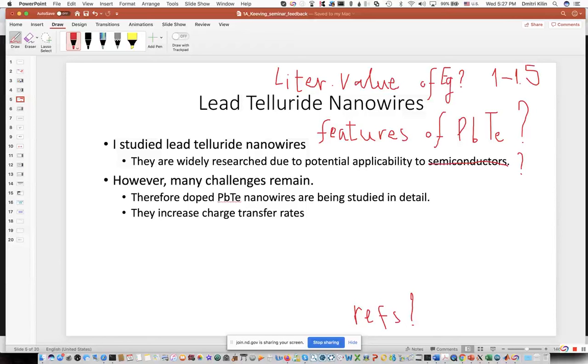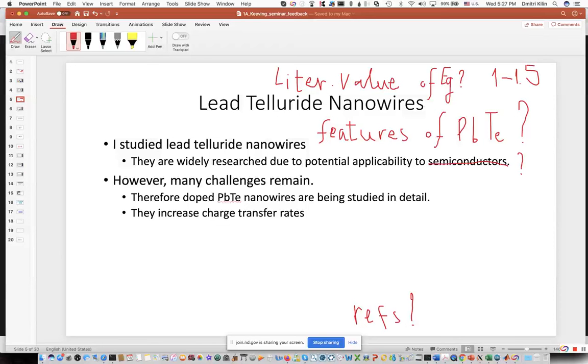So that's why a lot of times what researchers do is dope these lead telluride nanowires. So can I ask why? I'm going to explain how doping increases the charge transfer rates, if that's what you're asking about.